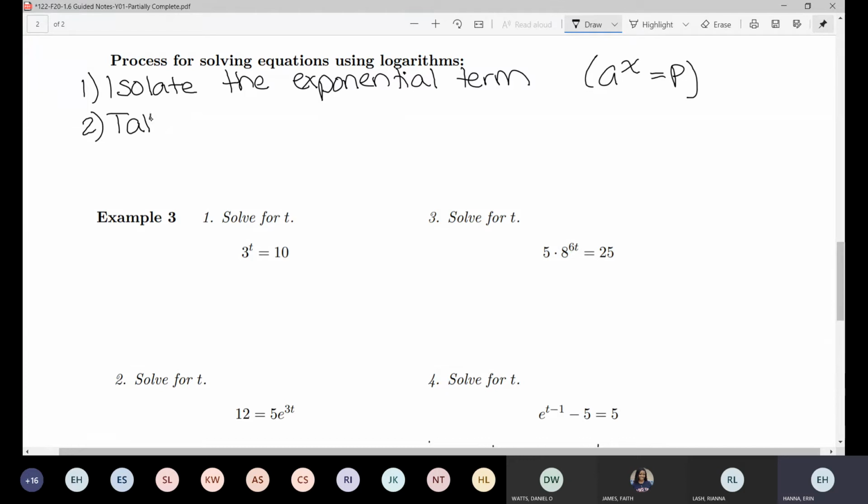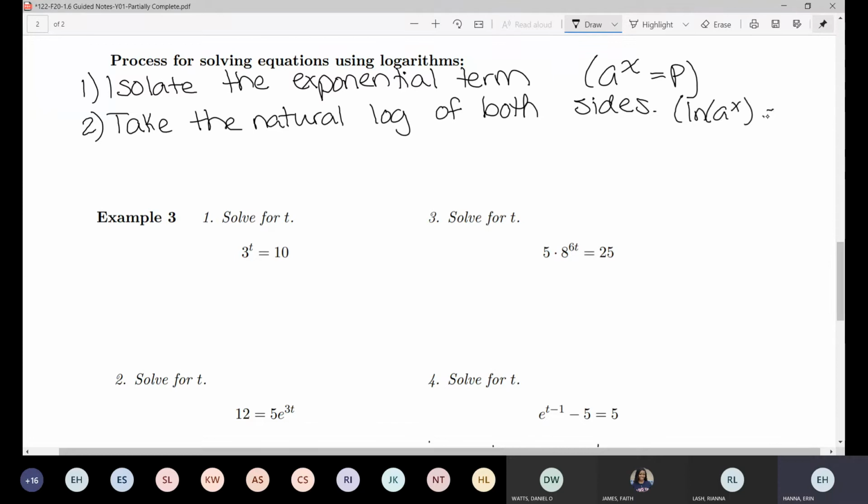After that, you're going to take the natural log of both sides. So we'd have something like ln of a to the x equals ln of p.